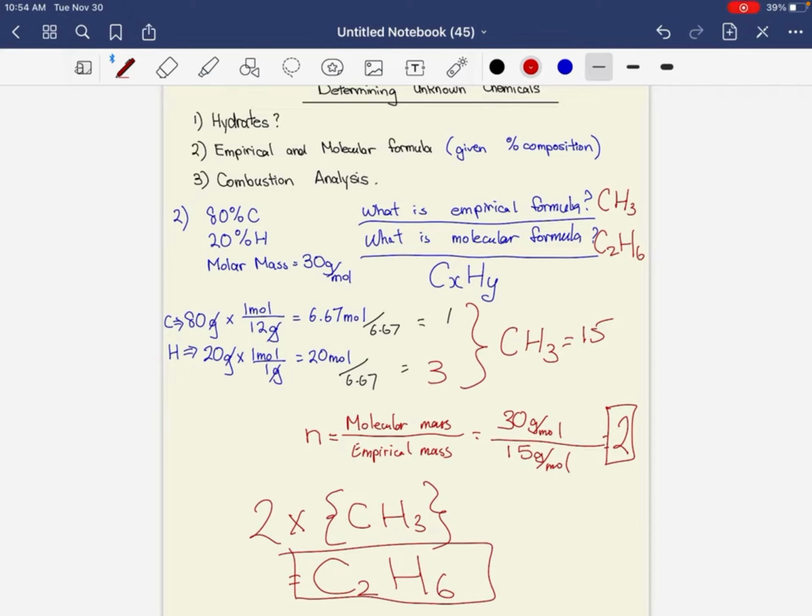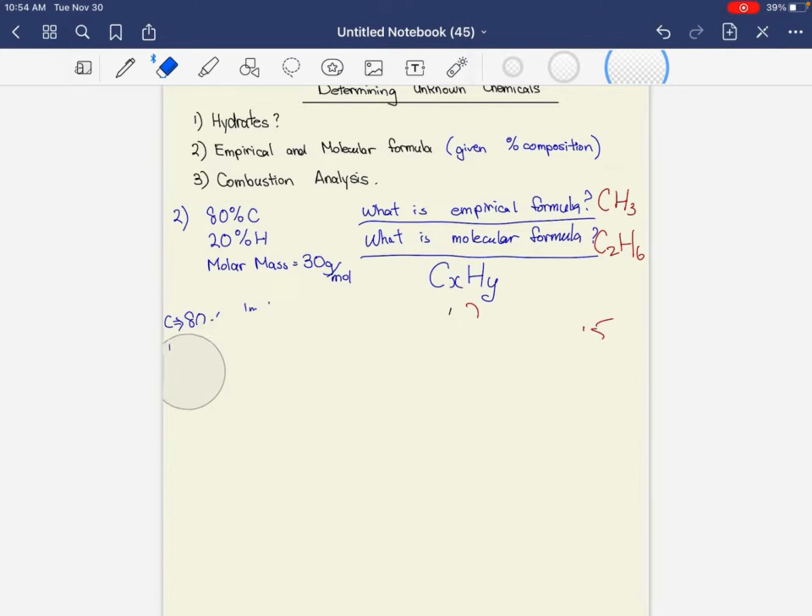Okay? It's a 2-carbon hydrocarbon. It's a gas. So there it is. This is how you find empirical and molecular formula. So given percent composition, given molar mass, you are able, of course, to find mole ratio. And of course, using the formula for N, you are able to find the molecular formula.